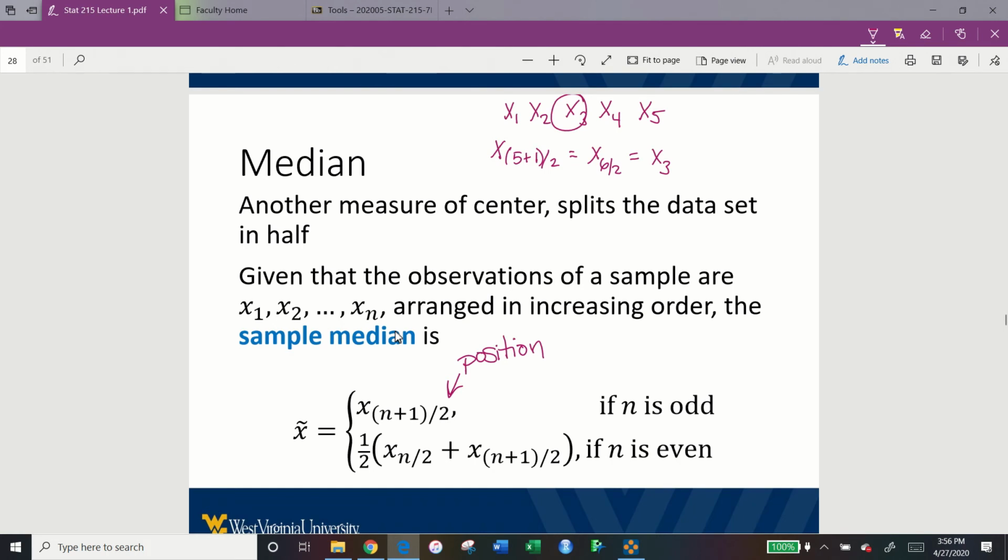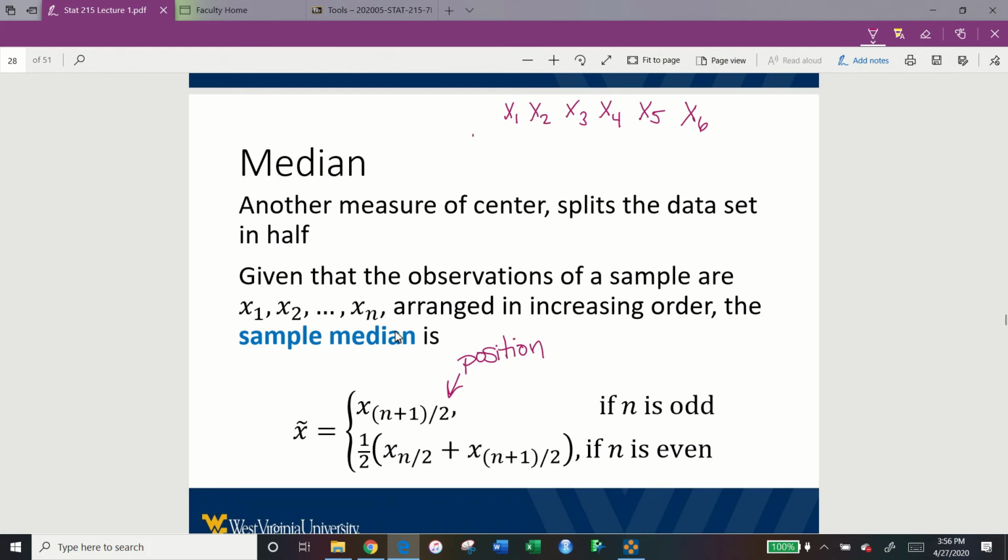We can do a similar thing when we have an even number. So I'm going to take a second, and instead of having x1 to 5, we'll have x1 to x6. This is a case where n is even.